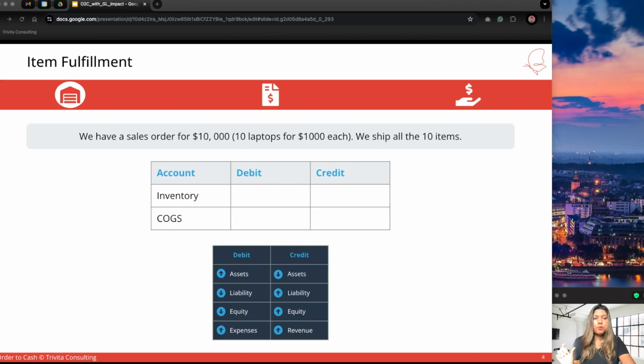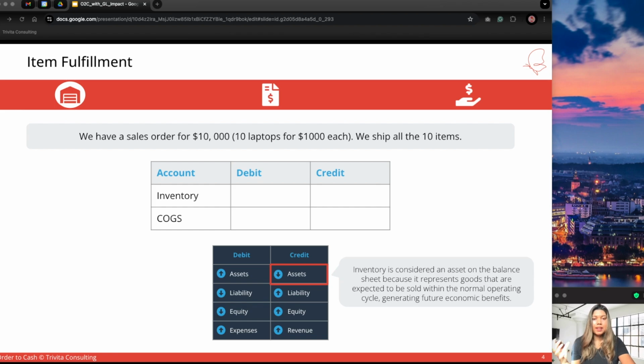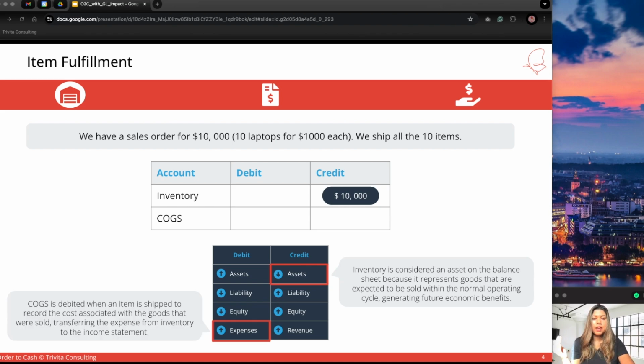Now, always remember the little table that we showed in the previous slide. Inventory is considered to be an asset and it is located on the balance sheet. And since we are reducing our stock, a decrease in the asset column would result in a credit in our inventory account. On the other hand, COGS is like an expense account and it is located on the income statement.